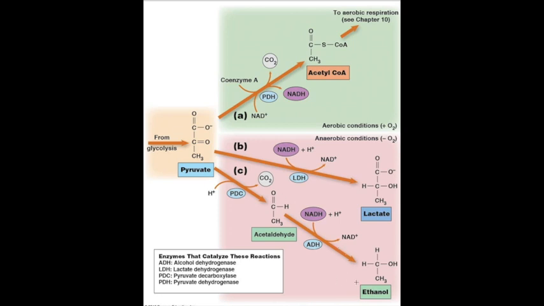So ethanol is what more often than not we consider a byproduct of yeast, right? And then lactate is a byproduct of muscle cells. But both steps are actually doing the same thing. In fact, what they're doing is they are oxidizing this NADH molecule, all right?